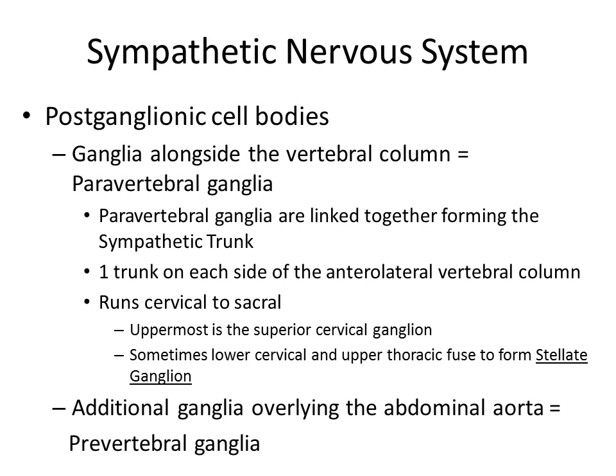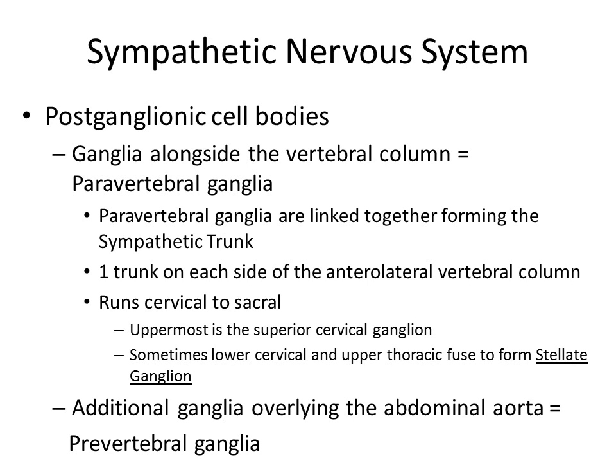The uppermost ganglion within each sympathetic trunk is known as the superior cervical ganglion. And in most individuals, the lowest cervical ganglion and the uppermost thoracic ganglion fuse together and form what is called a stellate ganglion.